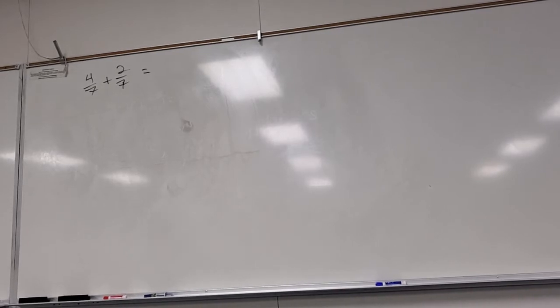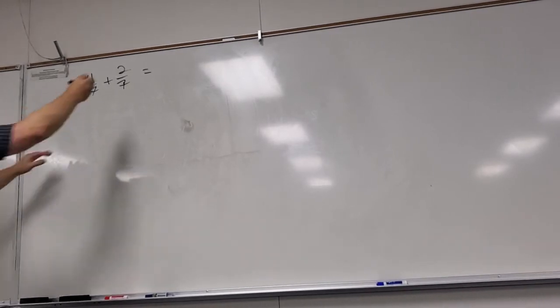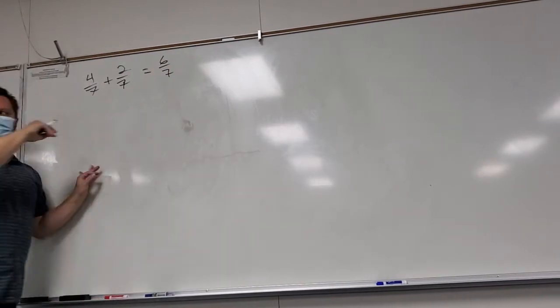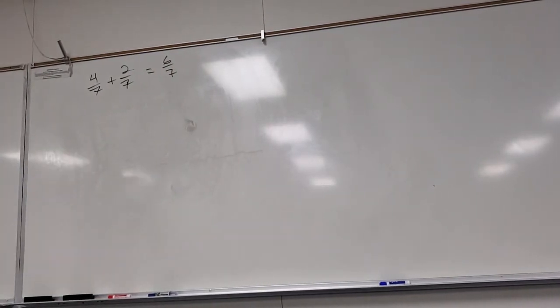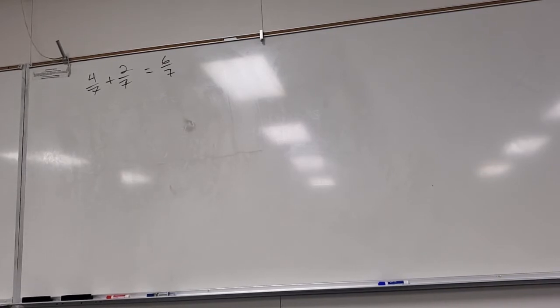So 4 of these plus 2 of these is 6 of these. I almost don't even have to know what fractions mean to be able to do this kind of thing. They only come into play when I start doing different denominators and talking about multiplication. That's definitely where you have to worry about what fractions really mean.